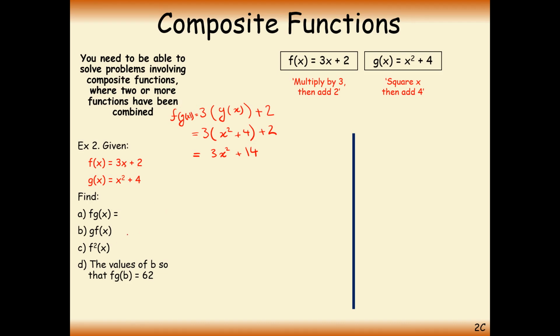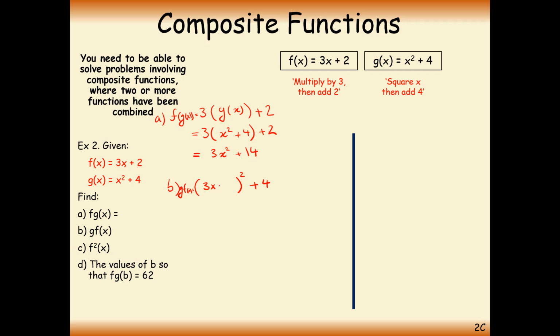Now, in part B, we've been asked to calculate the functions the other way around. g is on the outside, so where I have x squared plus 4, I open a bracket and I put the square on it and I write plus 4. This is g of f of x. So f of x has to go inside this bracket.